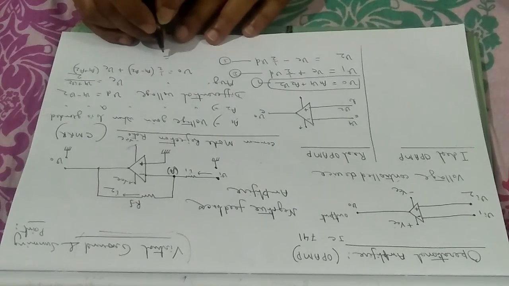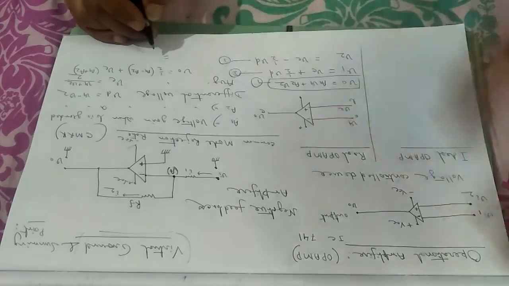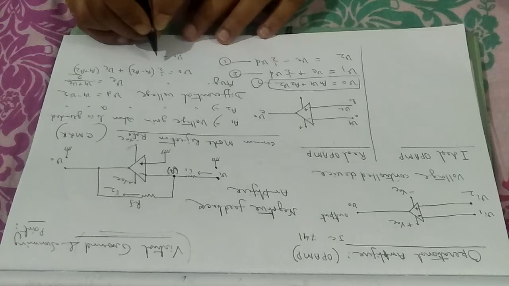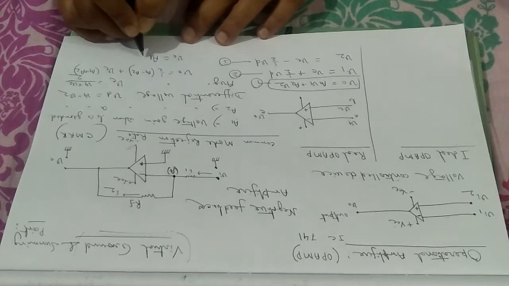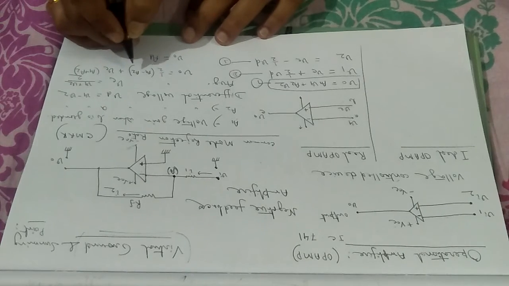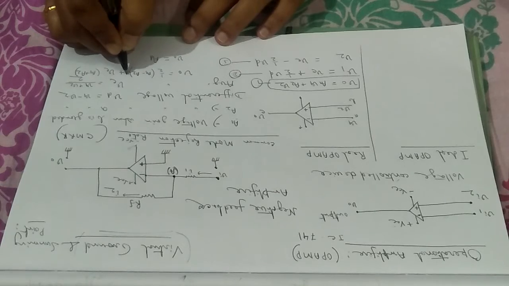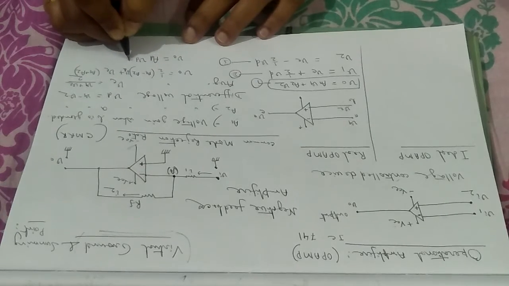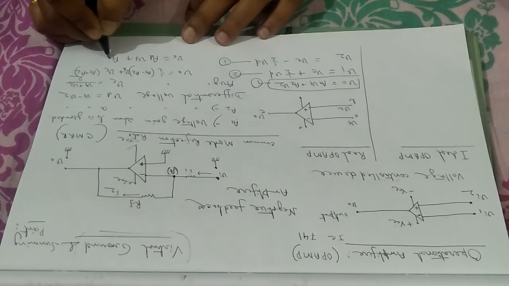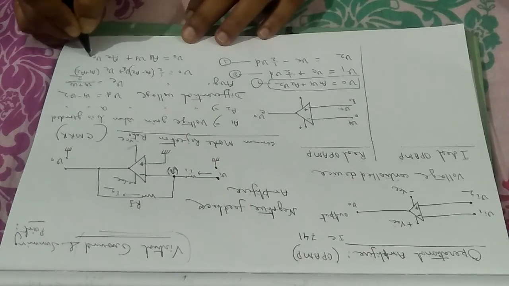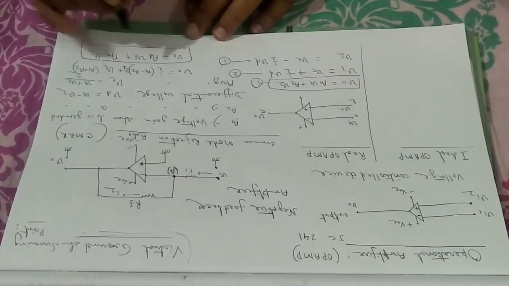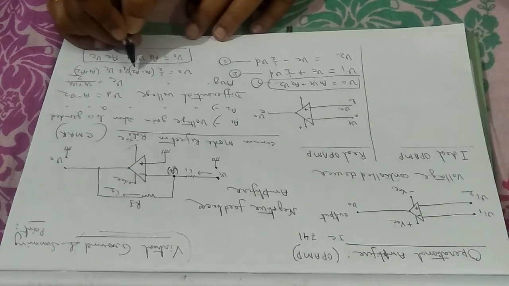Now I am using two more constants and rewriting it as V0 equals AD into VD plus AC into VC, where AC equals A1 plus A2 and AD equals half of A1 minus A2.